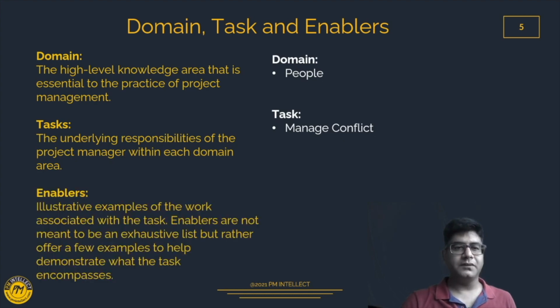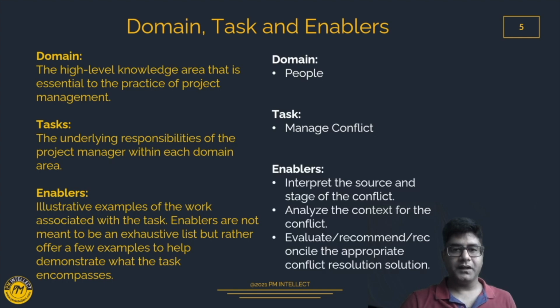Now coming to the enablers, you can consider these as examples or the detailed work which is required to be taken care of by the project manager, the teams or other stakeholders in the project. For example, for manage conflict, we have enablers like interpret the source or the origin of any conflict, analyze the conflict, and based on the analysis, provide your solution or recommendation.